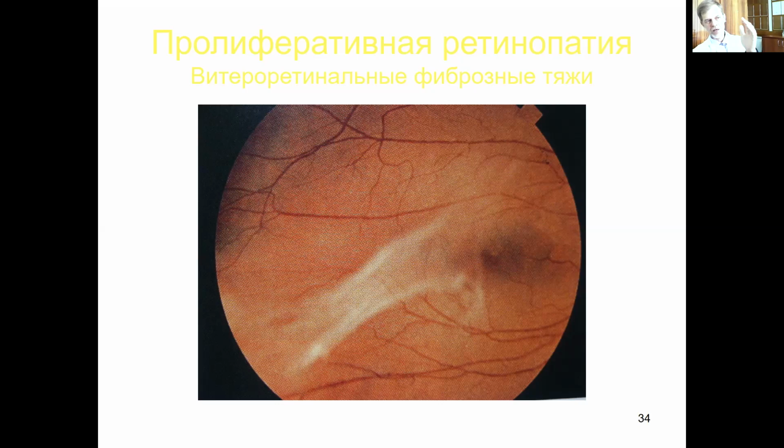If we have detachment, it means a complete stop of feeding of the sensors, and without feeding, cells die. This detachment may cause complete loss of vision and absolute blindness. That's why, again, in the whole world, diabetes is the number one cause of blindness, just because we have a large number of patients with diabetes.